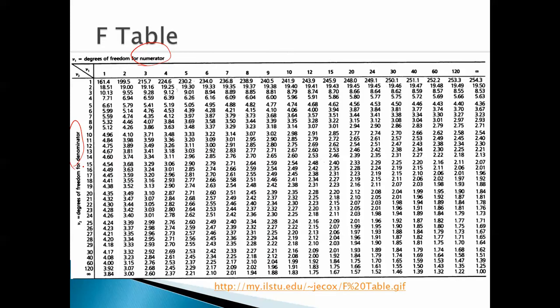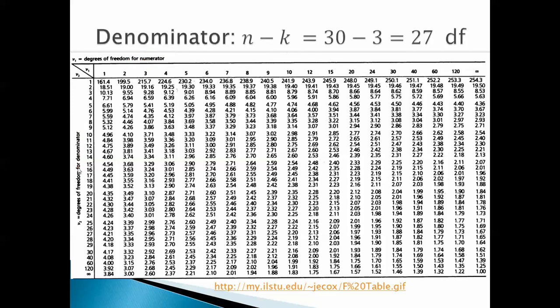When we do that, we're going to end up with an F table like this. It's categorized according to degrees of freedom for numerator and degrees of freedom for denominator. The denominator in this case, the degrees of freedom, as we pointed out earlier, was n minus k. That's 30 minus 3, which is 27. So this is the row we're going to look at here, the 27 row.